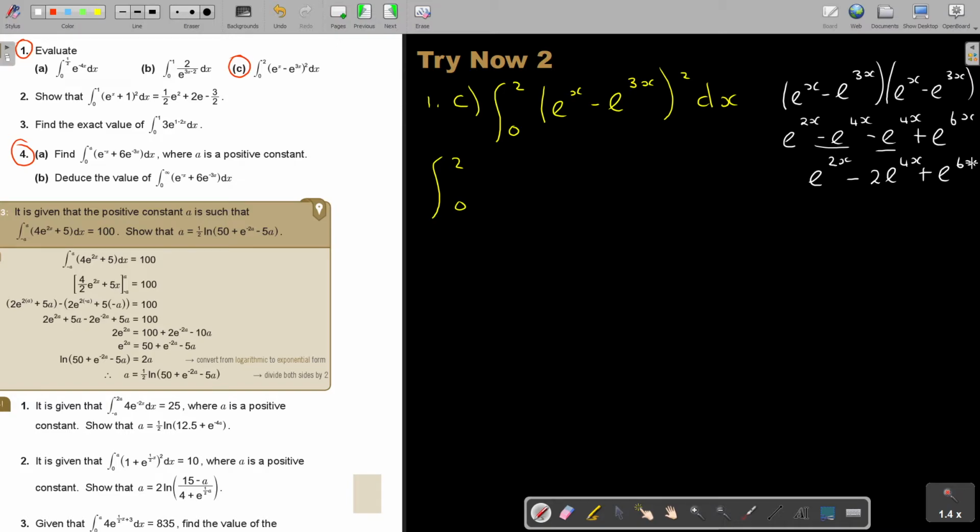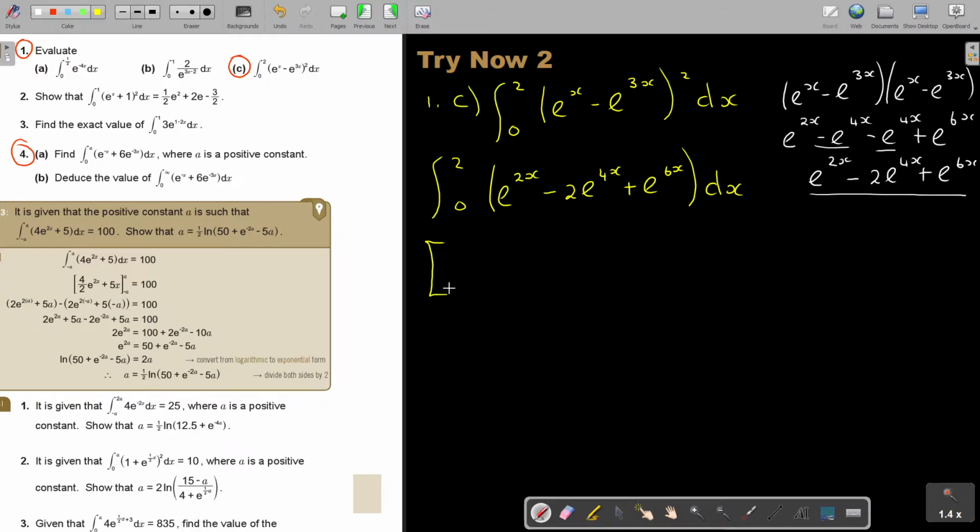So really make sure that you first get this correct. Okay, so I didn't integrate yet. I just multiplied out. And then it's going to be, okay, now I can start.